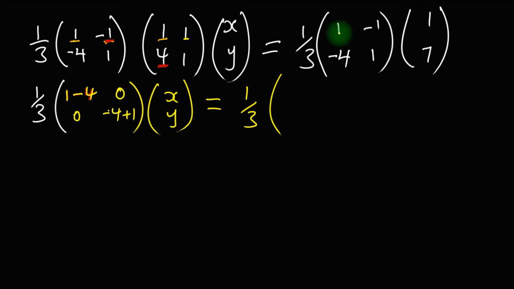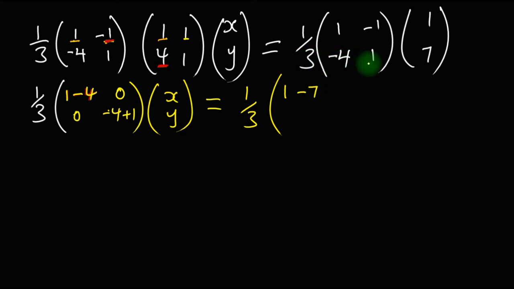So then we have xy equal to a third. The same thing we do, first row multiplied by first column. So 1 times 1, 1 plus -1 times 7, so that is 1 minus 7.